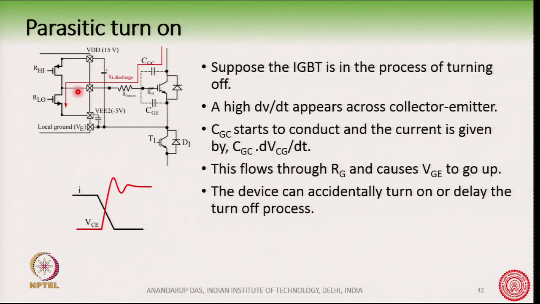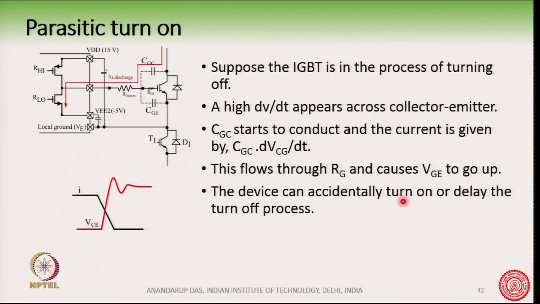If it flows through that resistance, then this point's potential, the gate potential will increase, and therefore, VGE voltage will go up. Okay, because this is flowing through this RG here. So, this point's potential will increase. So, when the device is in the process of turning off, where we are reducing the value of VGE, now we are getting a situation where, because of this parasitic, the gate emitter voltage is actually rising up.